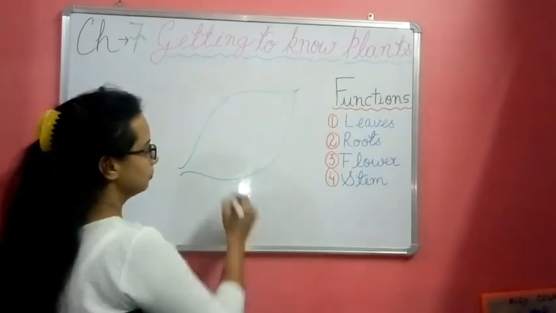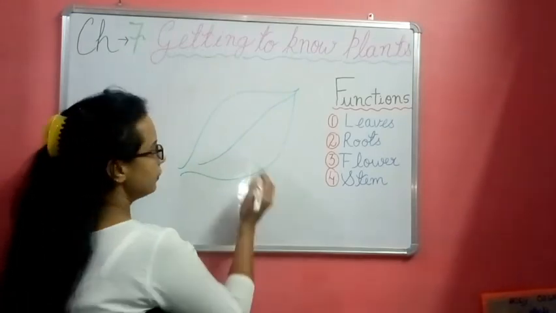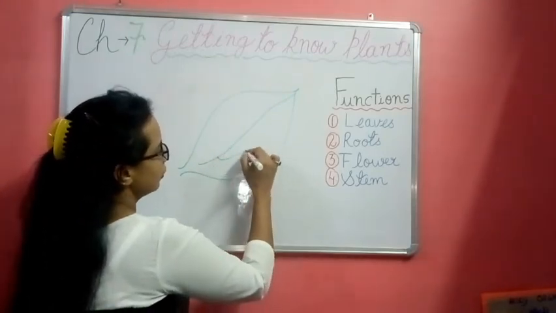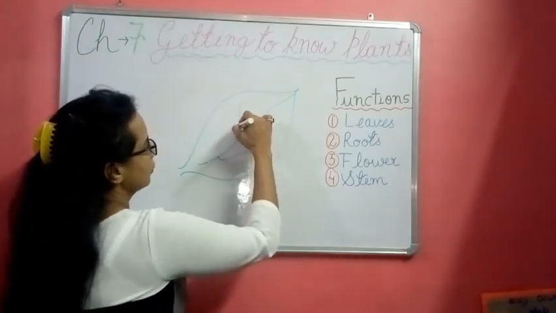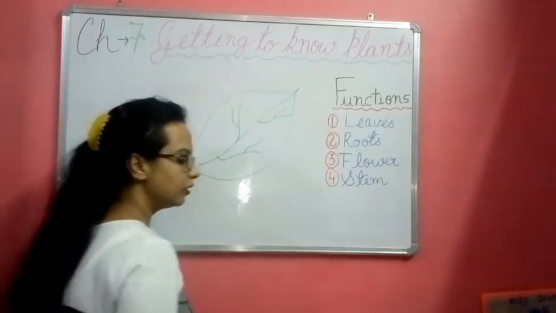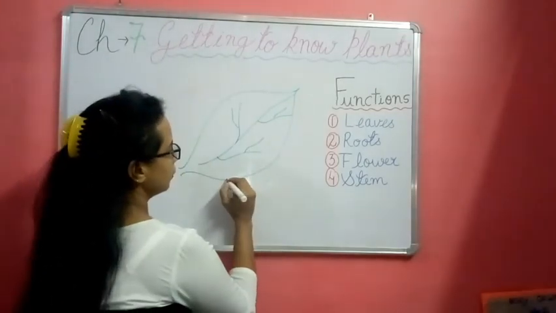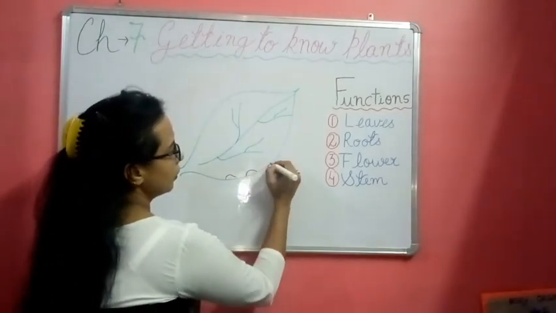leaf. Okay. So this is the midrib of the leaves, and these are the veins of the leaves. Now within the leaves there are some small pores, like this.